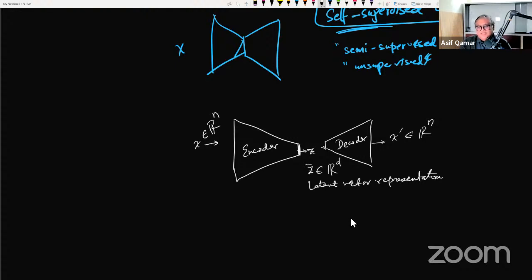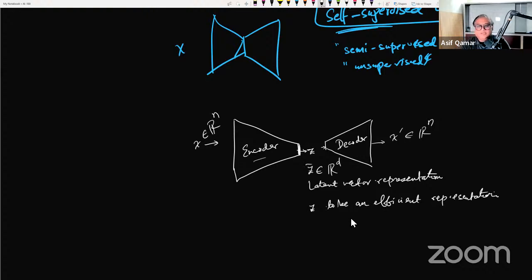Right? This is it. And what you want is for Z to be an efficient representation. For it to be an efficient representation, even though it takes up much less space, much less dimensionality, what do you want it to do? You want it to somehow capture all the information that is there in the much larger vector X, isn't it?